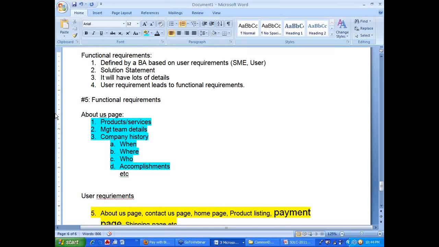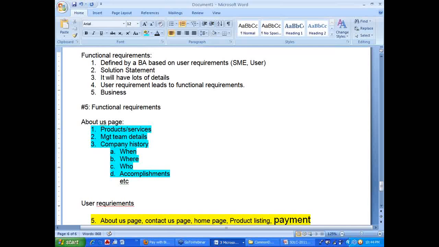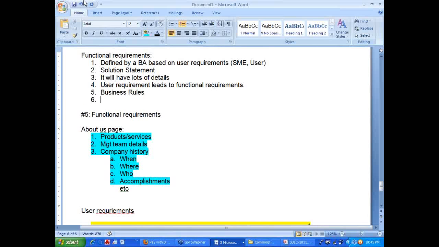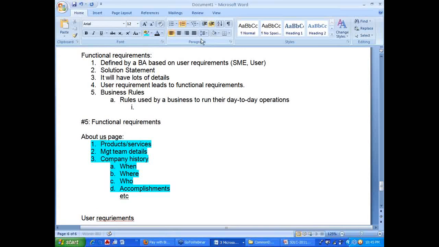There is also this concept of business rules. Business rules are nothing but rules used by a business. I can give you examples, like dress code. But normally, 99% of the time, a dress code will not impact an IT system.